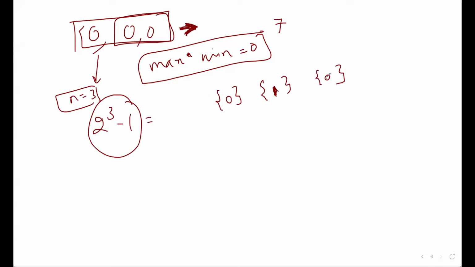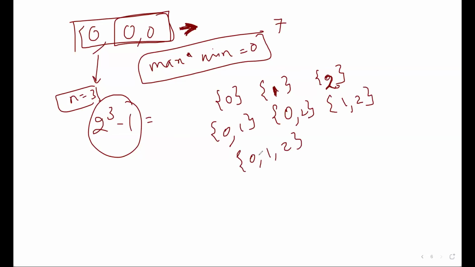The subsequence will be formed by the elements at these indexes: 0, 1, 2, 0 1, 0 2, 1 2, and 0 1 2. So these are the 7 subsequences that you can form where maximum element and minimum element product is 0.